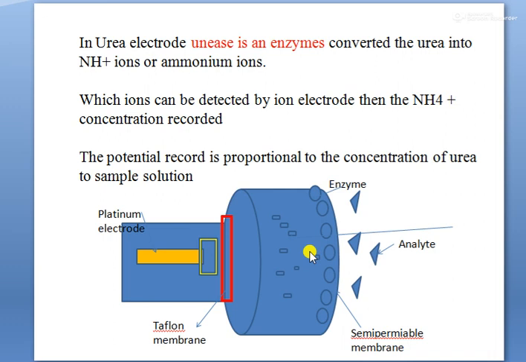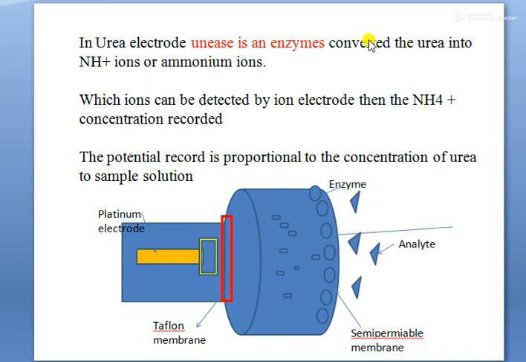Through these electrical signals, the NH4 plus or ammonium ion concentration is recorded with the help of amplifiers and some kind of processor. So the potential recorded is proportional to the concentration of urea in the sample solution. That means the NH4 plus concentration is proportional to the urea concentration, that is the analyte concentration. So when we measure the NH4 plus concentration through these electrical signals, we measure the urea concentration.